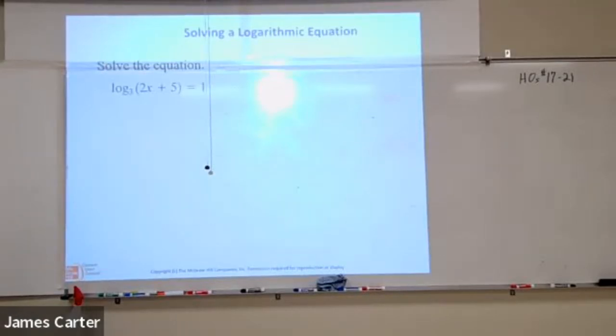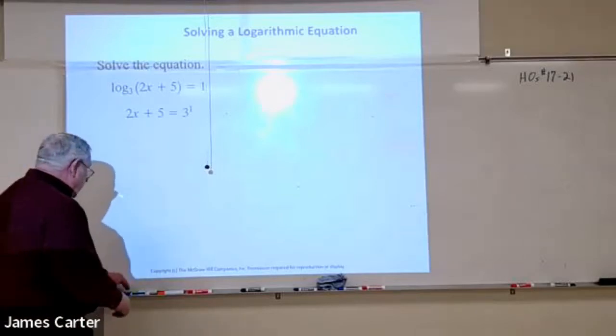Now, we got to solve this one. Well, how in the world could we do that? Well, in this case, I might try changing it to exponential, see if that helps.